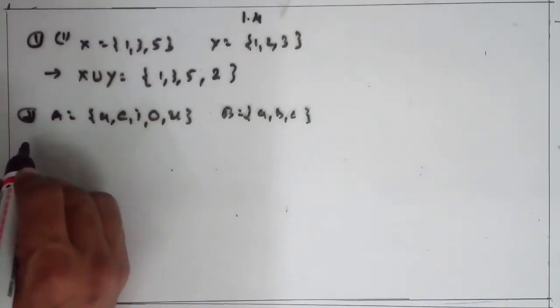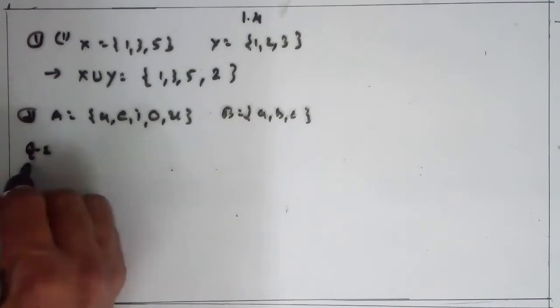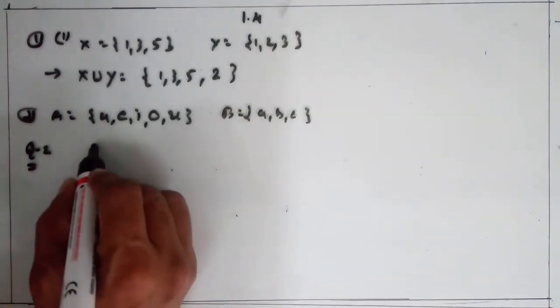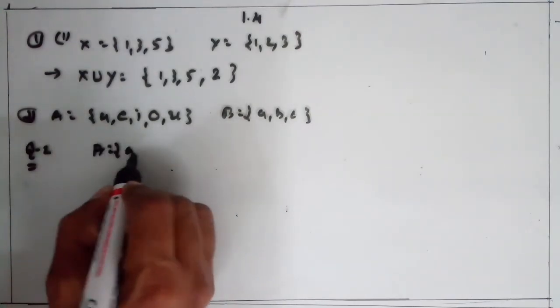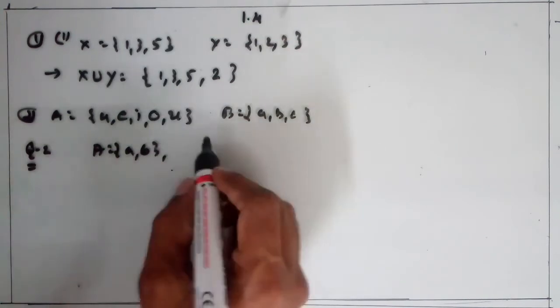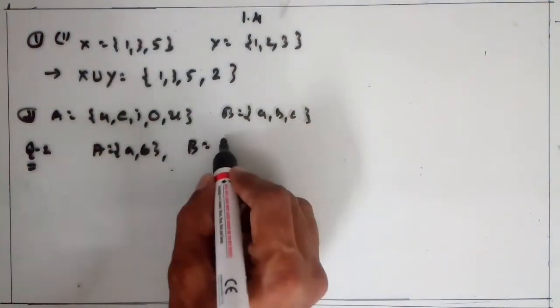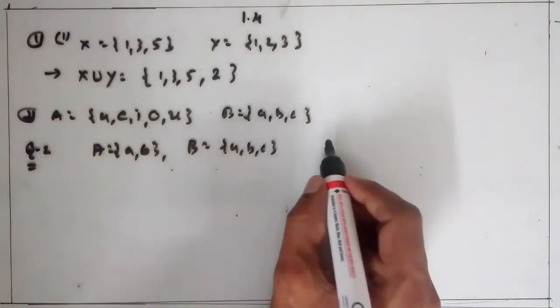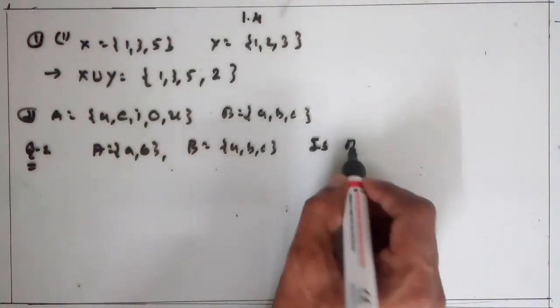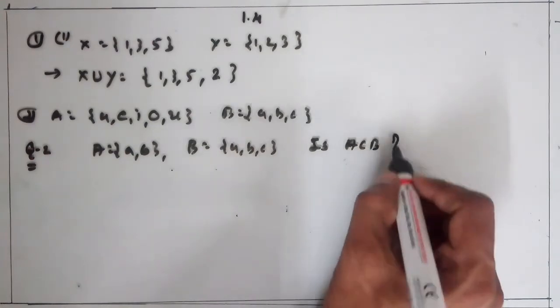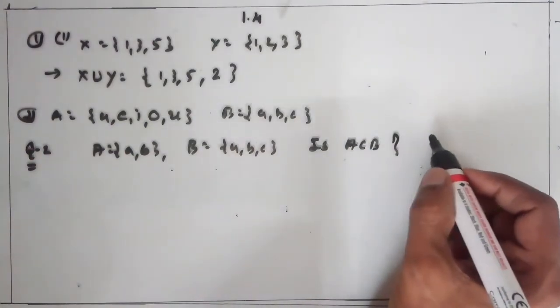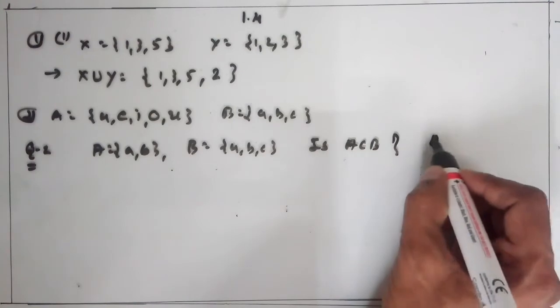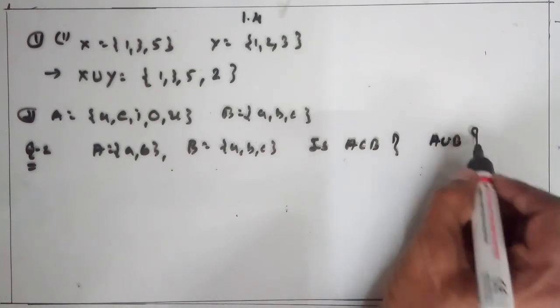Now question number 2. Let A is equal to {a, b} and B is equal to {a, b, c}. Is A a subset of B? And what is A union B?